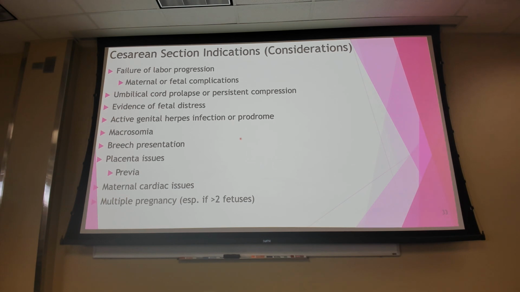We're going to look at that top strip, and we're going to look for those non-reassuring patterns. Active genital herpes or prodrome, if it's a macrosomic baby, if they can't induce early, then they may schedule for a C-section. If it's a breech presentation, it is recommended. And then something like placenta previa.